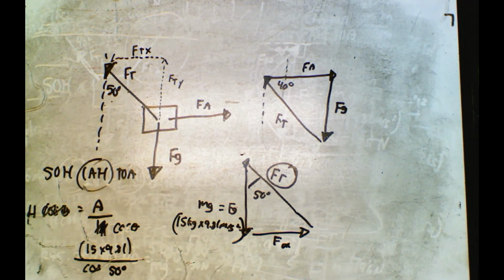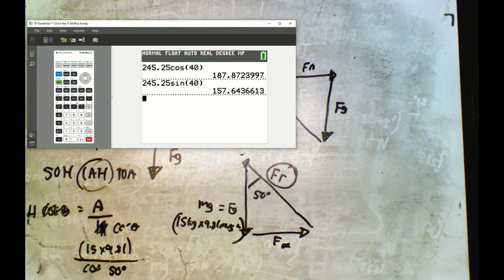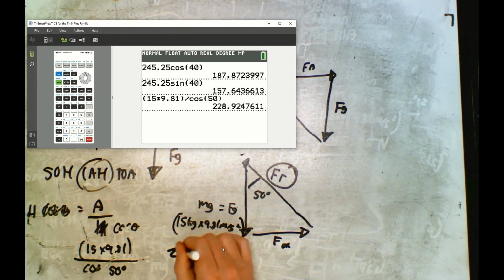So if I type that into my calculator, on top I have 15 times 9.81 divided by cos of 50, and you end up getting 229 for it. So 229 newtons is your force of tension in that wire.